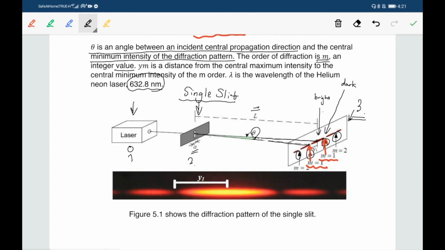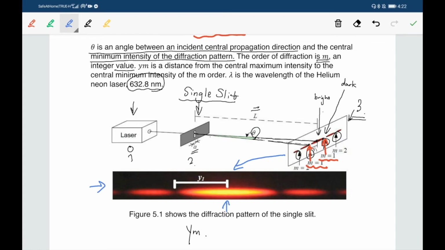Then we talk again about y_m. In this lab, we're going to measure y1 and y2. Here we have the whiteboard, and on the whiteboard we will have the diffraction pattern like this in the lower figure 5.1. The middle part is the central pattern, the central fringe, the brightest fringe.